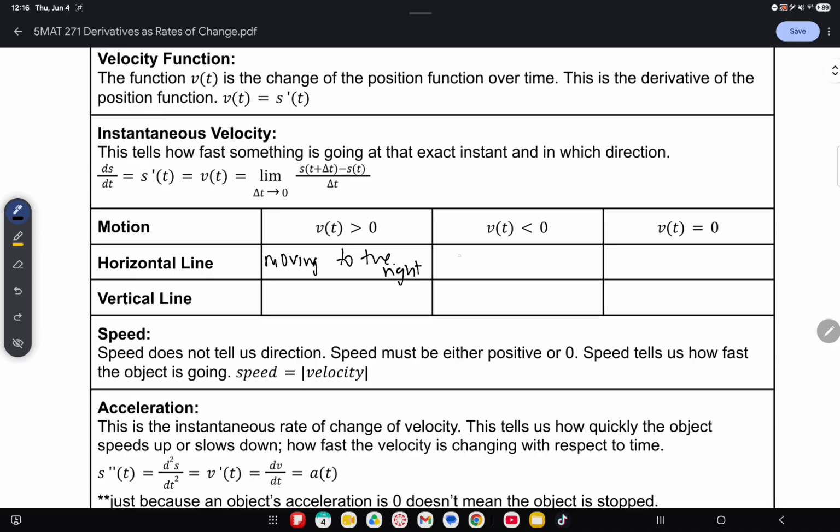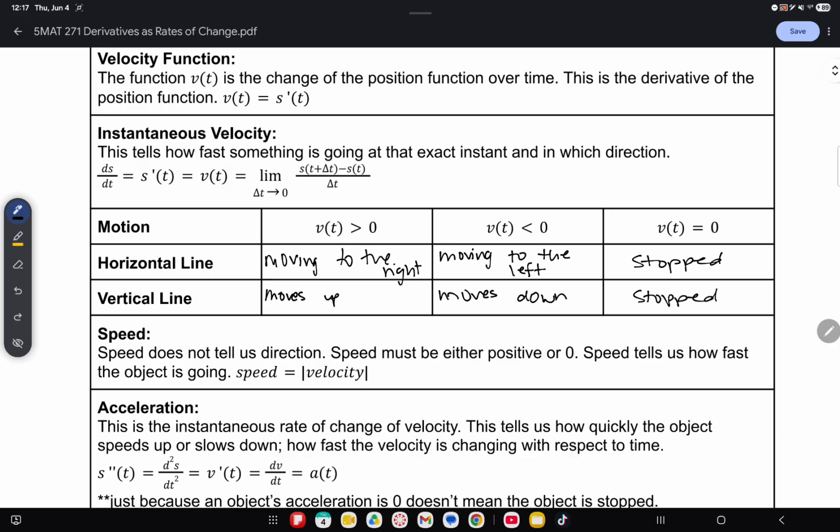And if that velocity is negative, we're actually moving to the left. But if the velocity is 0, then we are stopped. And if we're moving along a vertical line, if we're positive, I'm going to just put moves up. If we're negative, moves down. And again, if our velocity is 0, then we are stopped.